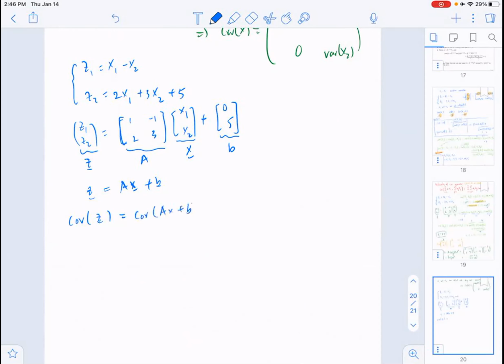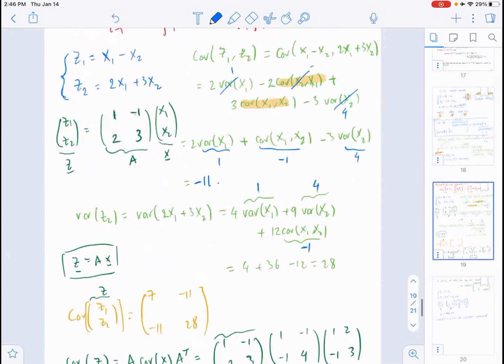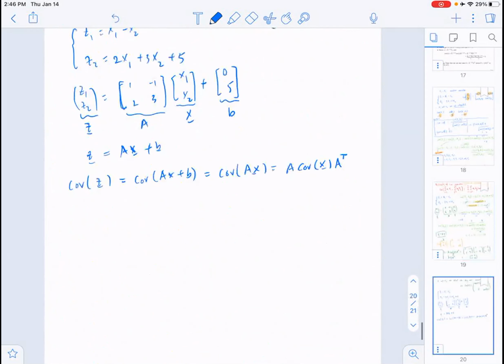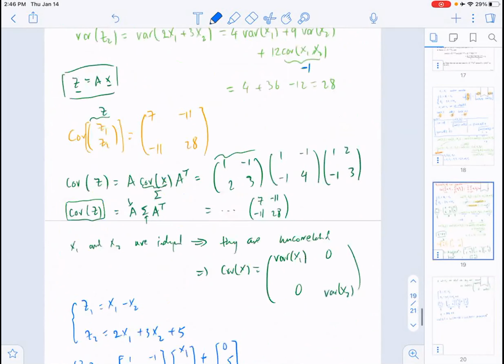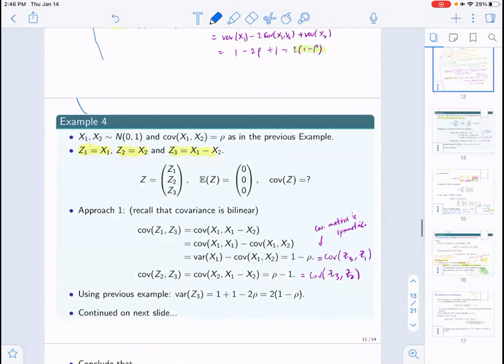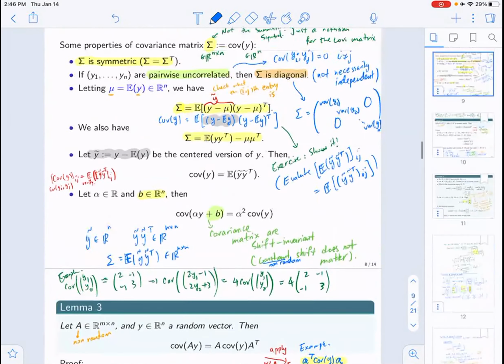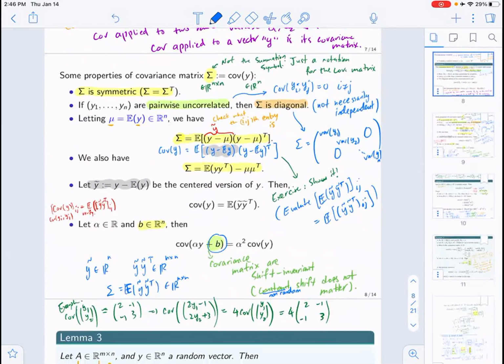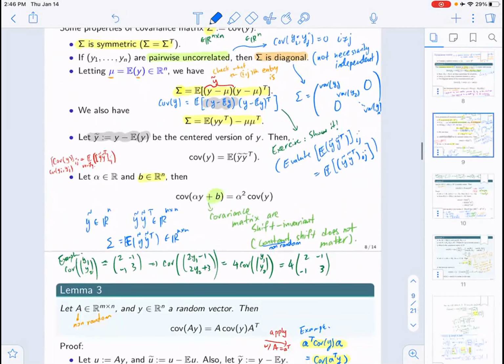Yeah, wouldn't be the same. Why? Because the variance of a constant is 0, so it would be the same. Yeah, or you could say it's a little bit tricky because you also have to take the cross covariance, but the cross covariance would also be 0. So this is a special case of what I had written here: if you shift by a constant, it doesn't affect the covariance.